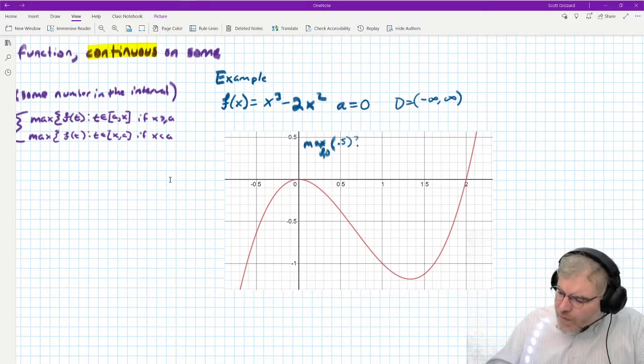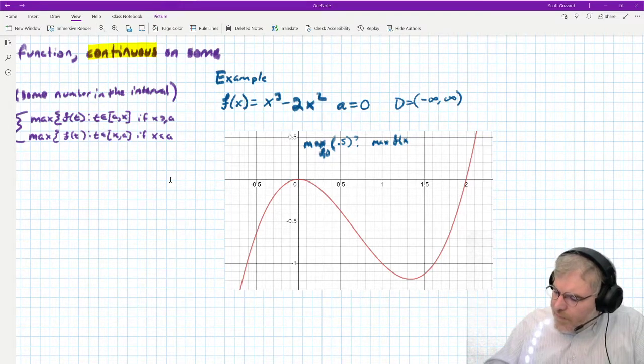The question is, what is the maximum of f of t if t is in [0, 0.5]?